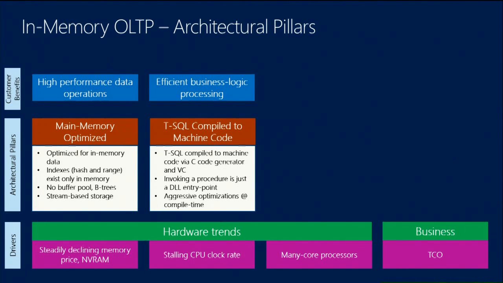So we take a T-SQL stored procedure, we compile it to a DLL, load it in memory, and then invocation of the stored procedure just becomes a function call into the DLL directly. This greatly optimizes the execution of the stored procedures. Easily 10 to 30-fold increase of performance in the pure execution of the procedure.